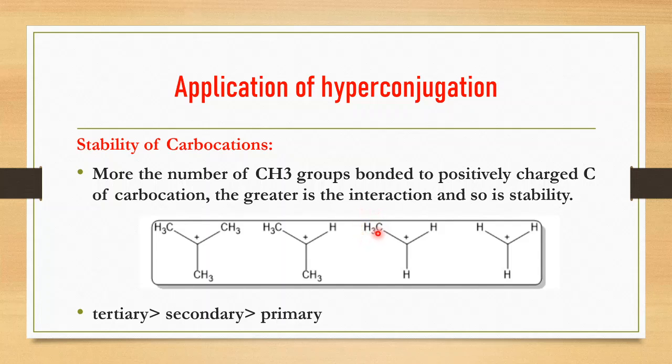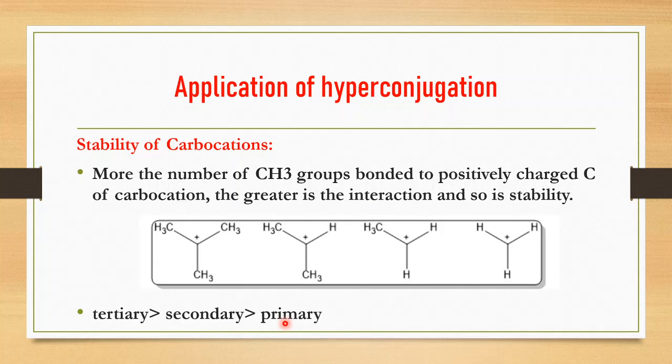So it will show hyperconjugation because of these 3 adjacent hydrogen atoms. In this structure there is no adjacent carbon atom, so it will not show any hyperconjugation. It is said that the more the number of hyperconjugated structures, the more will be the stability of carbocation. Thus, the tertiary carbocation will be more stable, then comes the secondary carbocation, and lastly the primary carbocation.